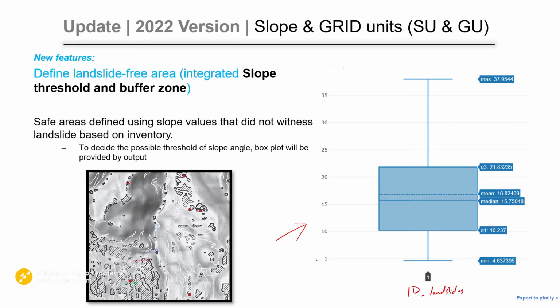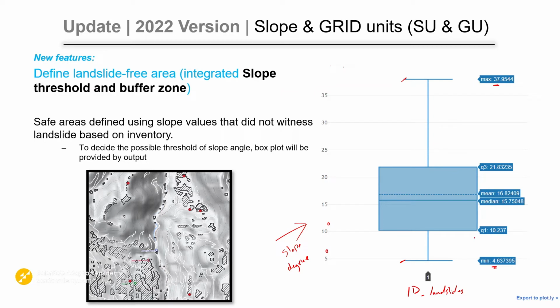And here this is the slope degree. Using our data, we saw that the landslides started from 5 degrees of slope and ended within 37 degrees of slope.